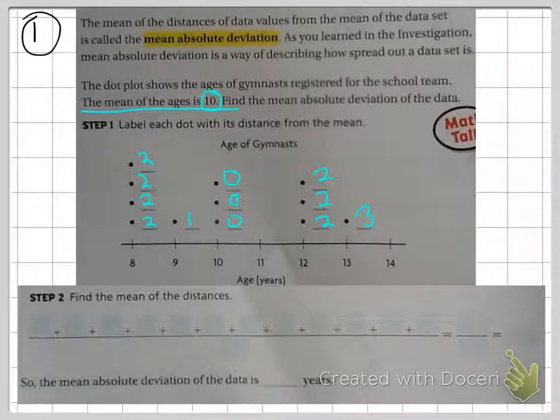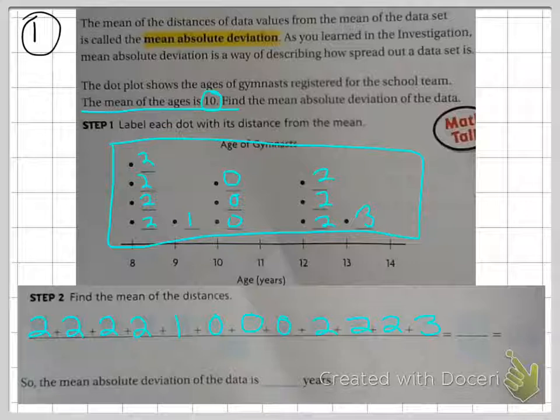Once we've determined how far each point is from the mean, we need to find the mean of those distances. So we're taking these distances, not the ages, but the distances, and finding the mean of those. So again, 2 plus 2 plus 2 plus 2. Add up all your values, and then divide by the number of values you added.